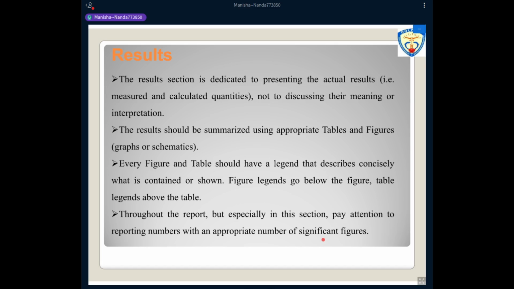I'm telling you this because nowadays we always type our results on computers in MS Word or whatever software you are using. Sometimes there is a typing error, and that typing error can lead to a lot of misconception. So once you write down your results, the best way is to go through them once or twice so that you are sure that whatever data you have mentioned there is correct.